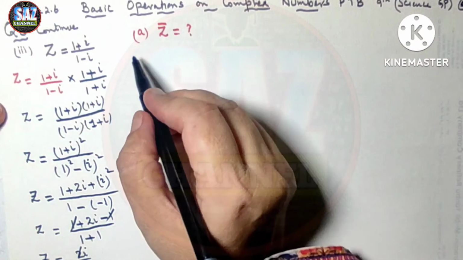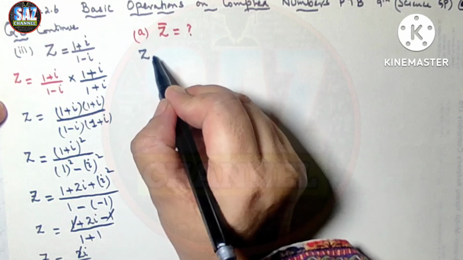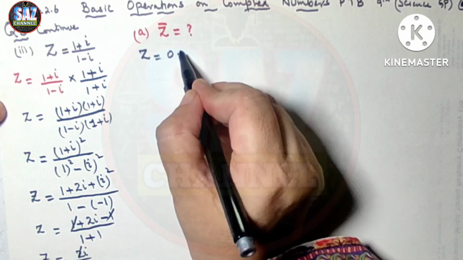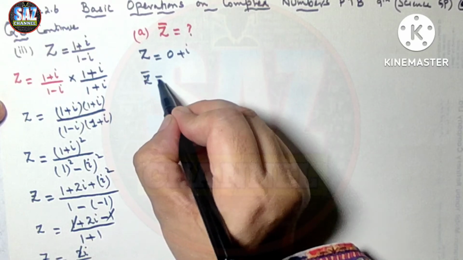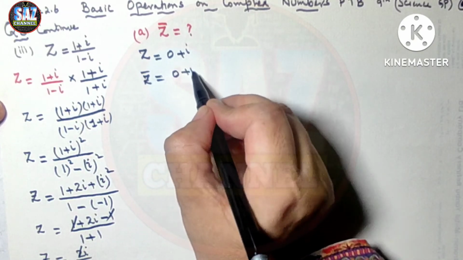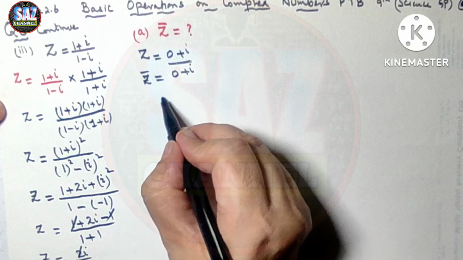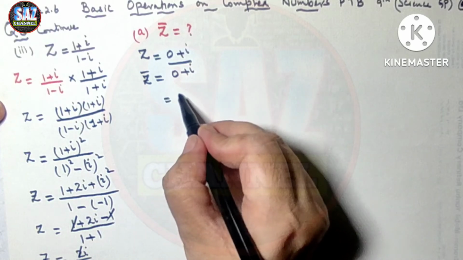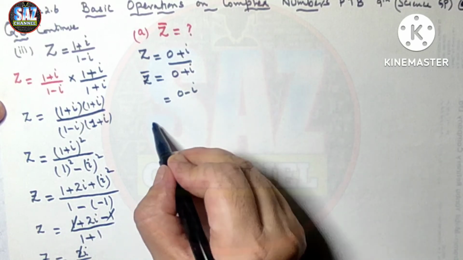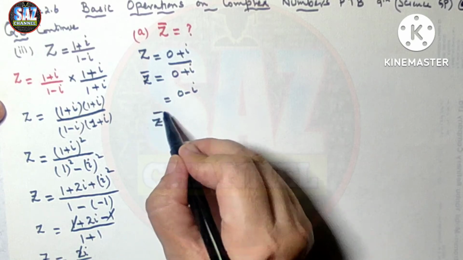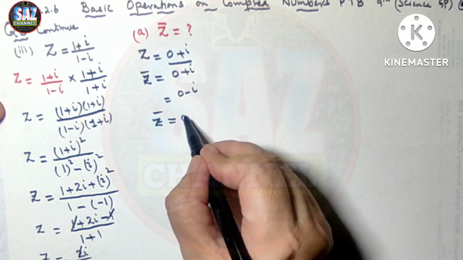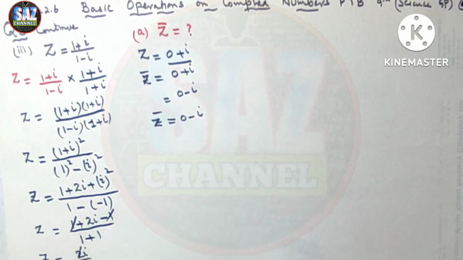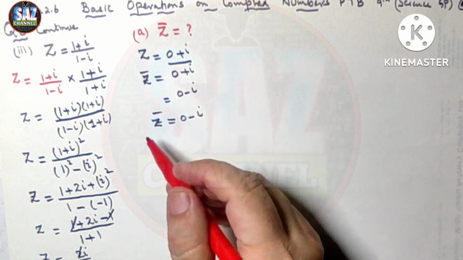So what we are going to do is write z, that is 0 plus iota, and now for z bar I have to take the conjugate, and the change will come on the imaginary part: 0 minus iota. So z bar will be equal to 0 minus iota, because we want to write the answer in standard complex number form, and let me box this answer.